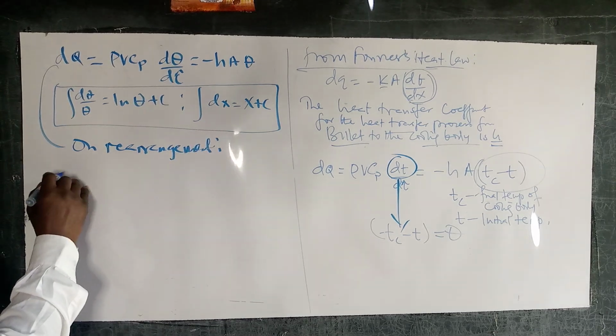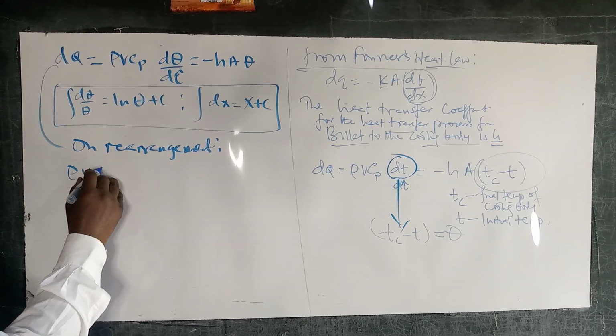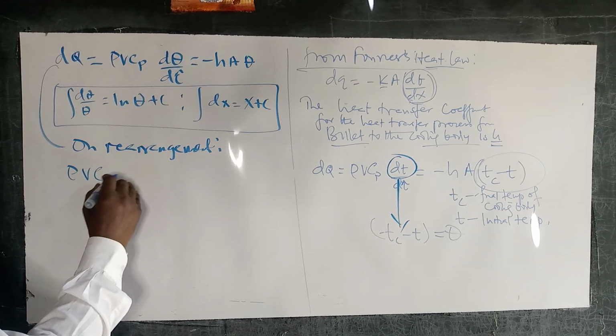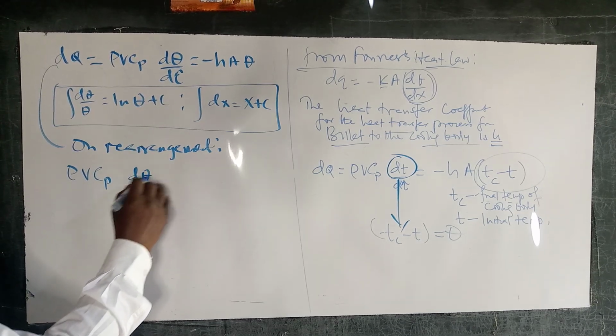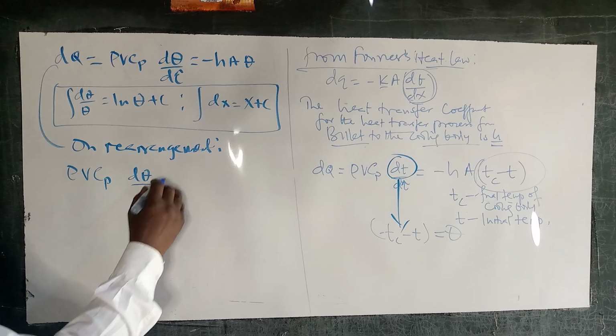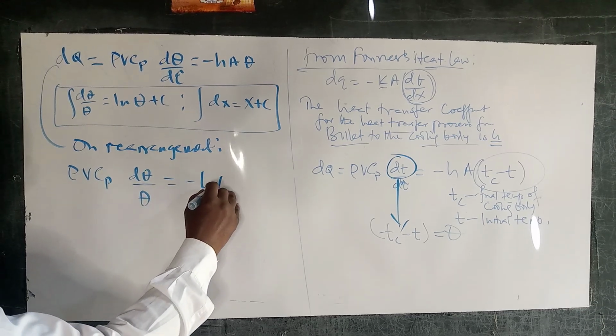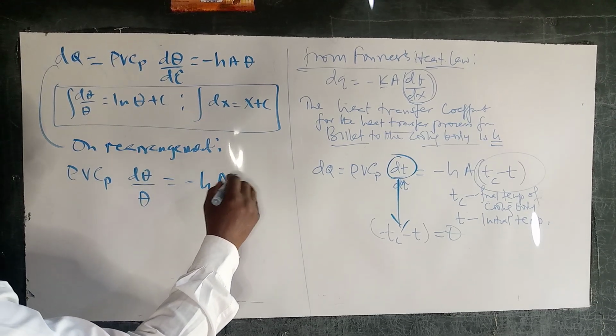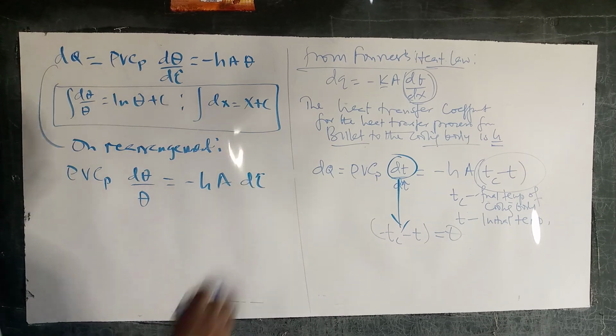we will have rho V Cp d theta over theta is equal to minus H A d tau.